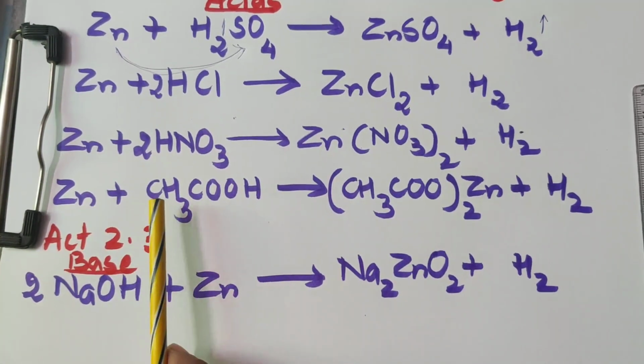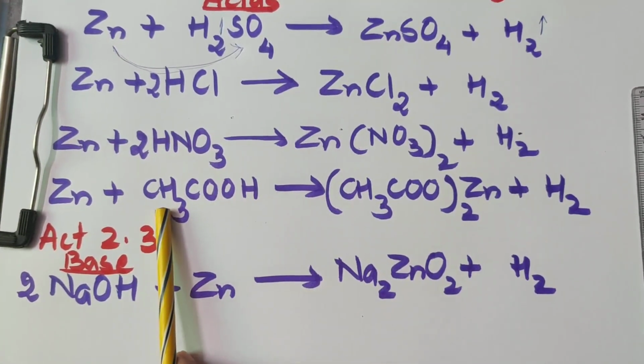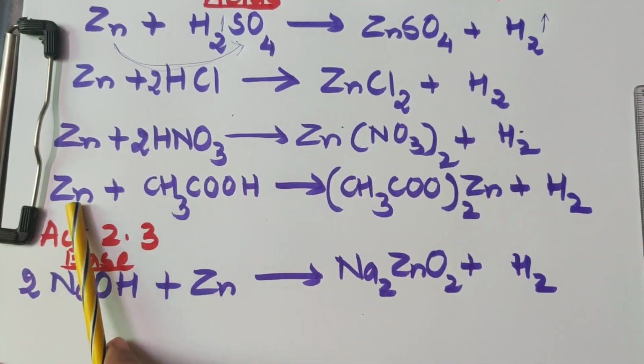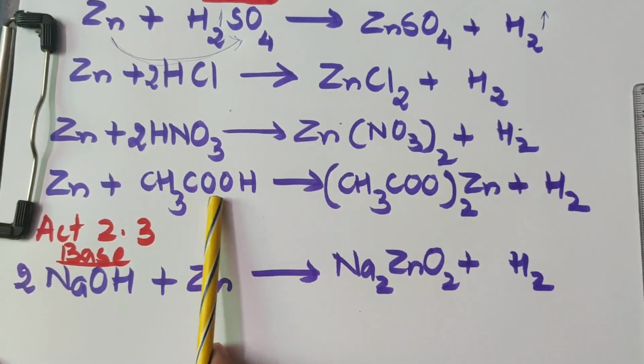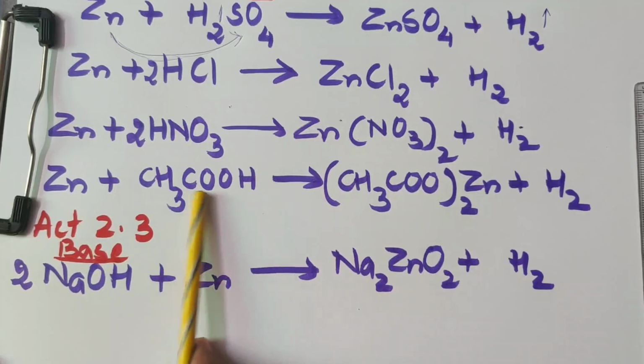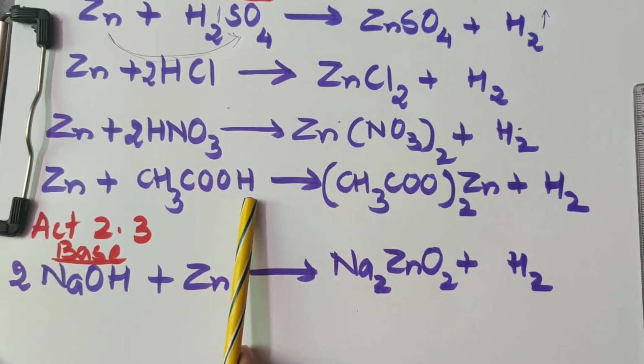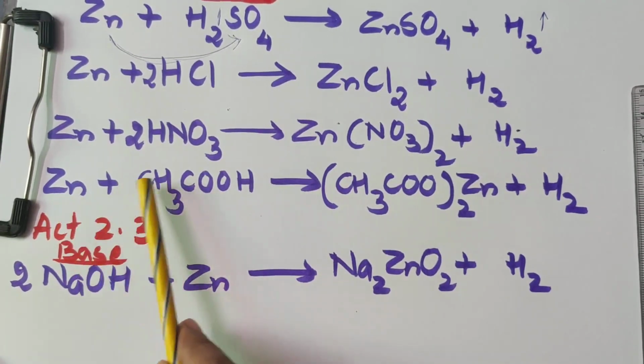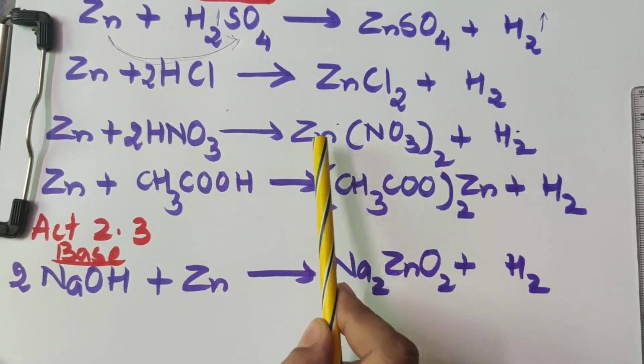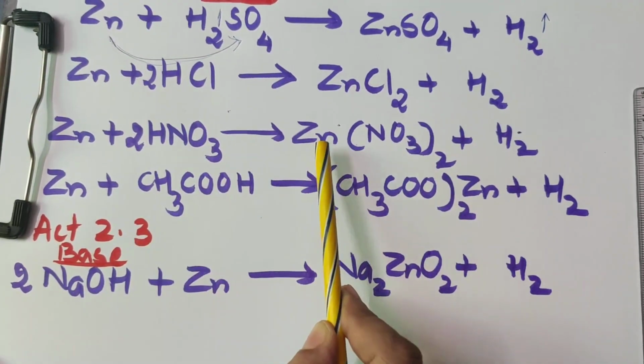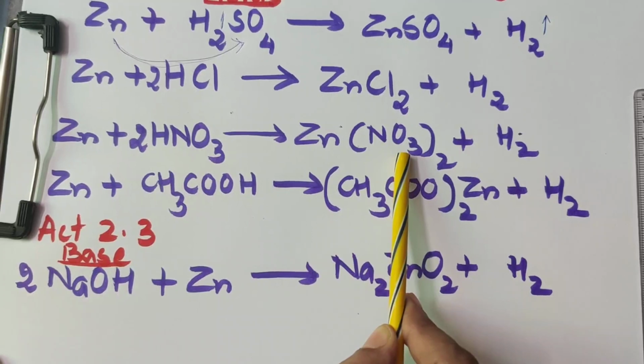Next we take a very dilute acid, that is acetic acid, with zinc. As such, the formula is in a chain form. Zinc is the name of the metal, so zinc comes first, followed by a radical.